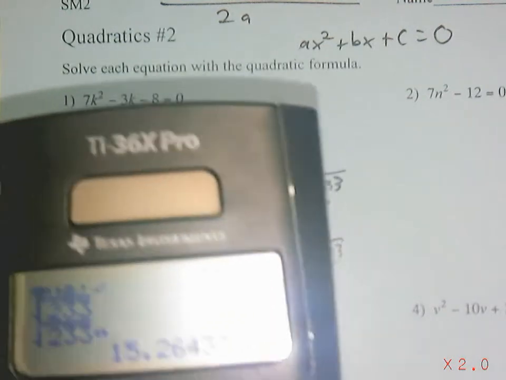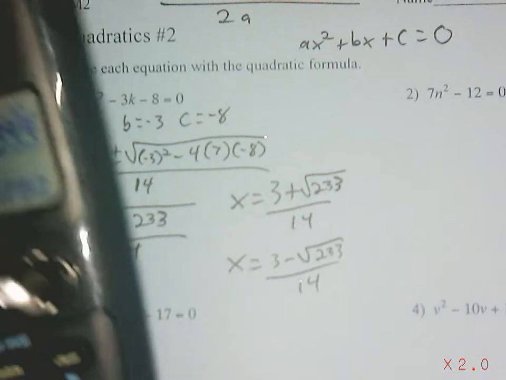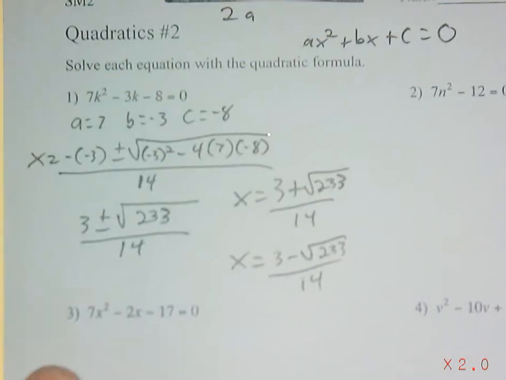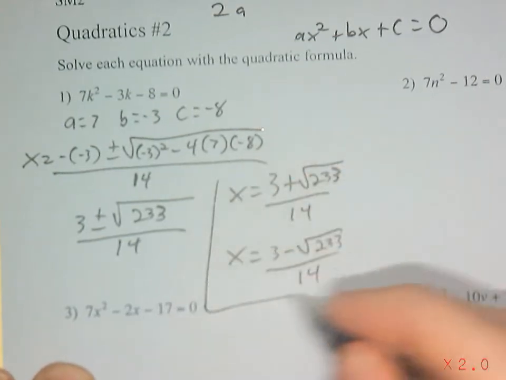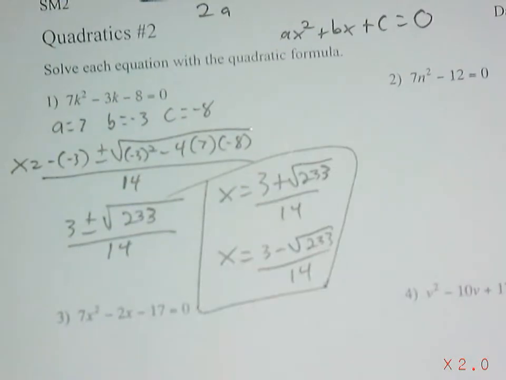So I'd do 3 plus 15.26 blah blah blah, divide that by 14, or I could do 3 minus 15.26 blah blah blah. But this is technically a more accurate answer, which is what we're leaving our answers at this year. So that is my answer in radical form, and that's how I'm going to keep it.